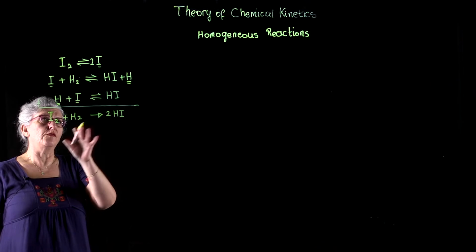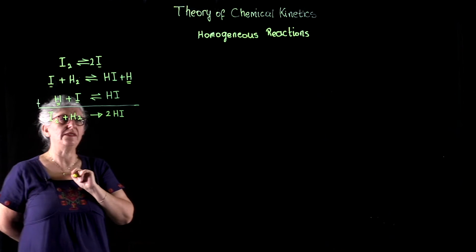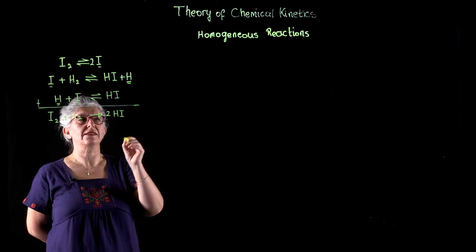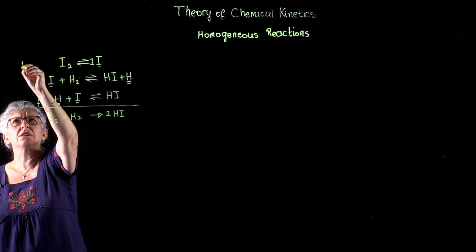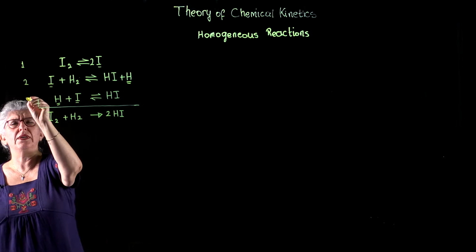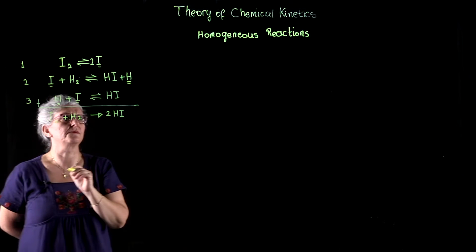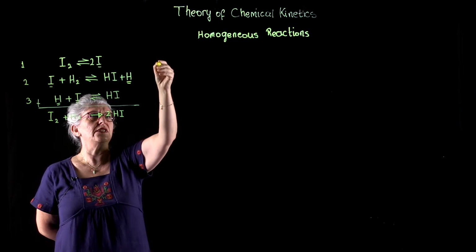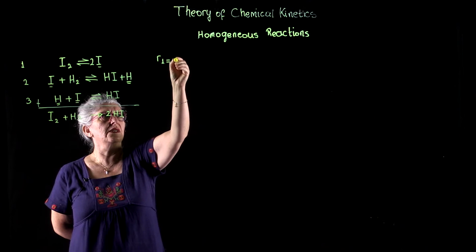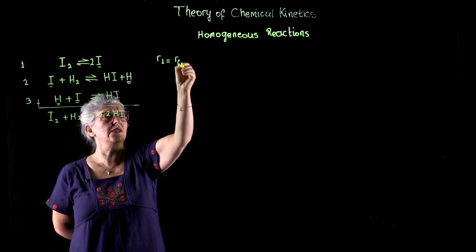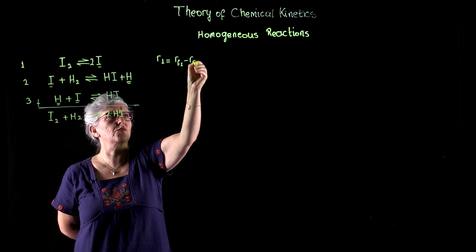Now let's move forward and write what their rates might be. I will call these reactions 1, 2, and 3. The rate of this reaction will be rate forward 1 minus rate reverse 1.